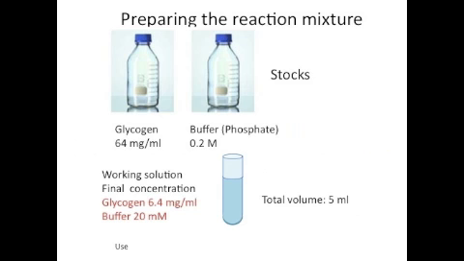You will also have to prepare your working solution for the reaction solution. This is where you will have to apply your calculation for dilutions. You'll be given a stock of glycogen and of buffer, and you will have to prepare a final solution at the concentrations indicated.